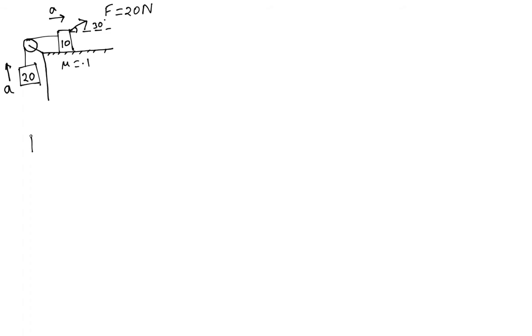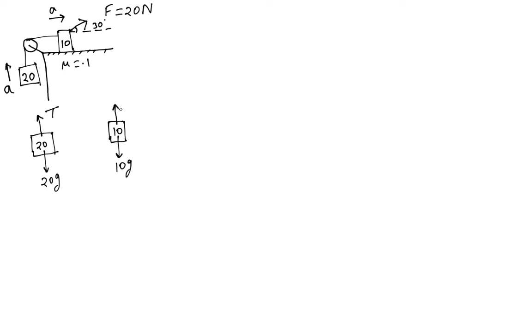So for 20 kg, the forces acting are the tension and downward force of gravity, which is 20 g. For the other guy, which is 10, there is a force of gravity acting downward.